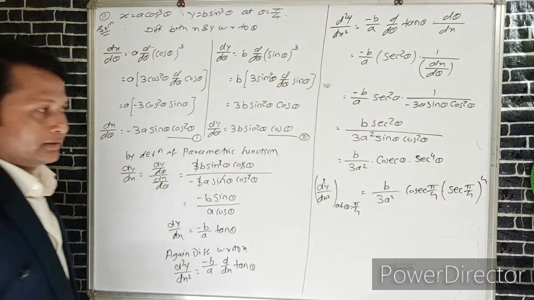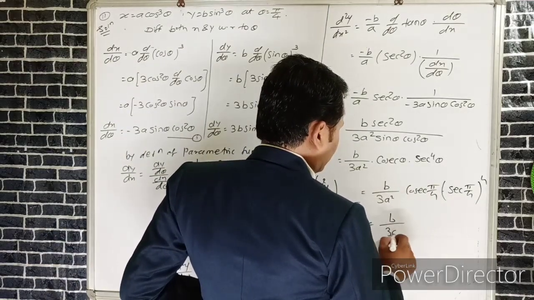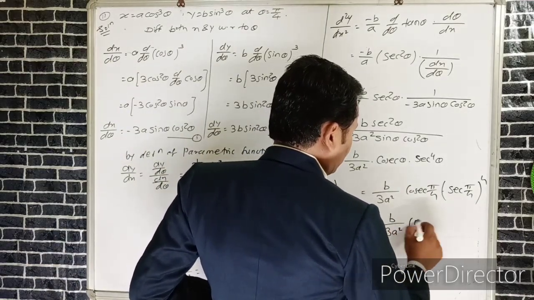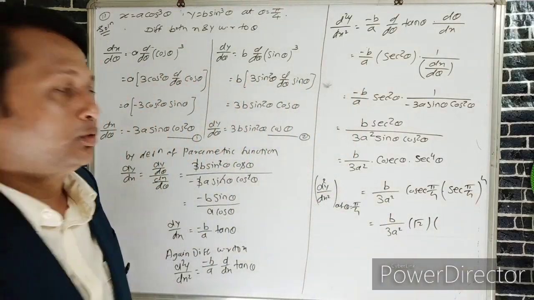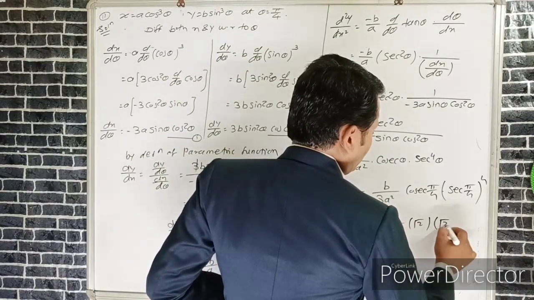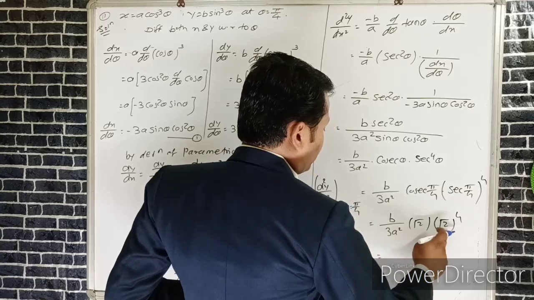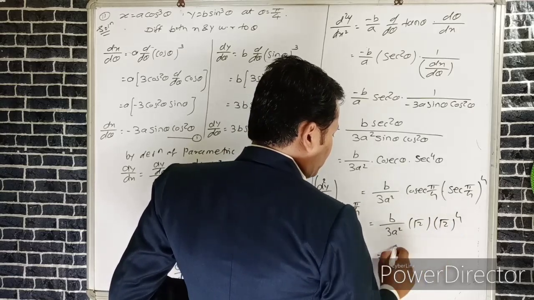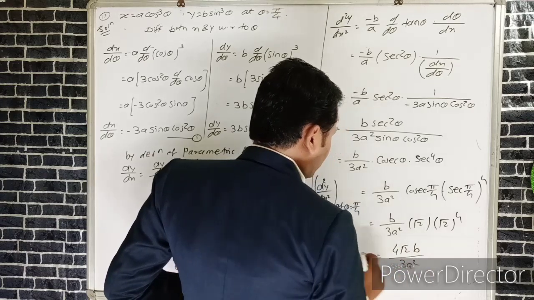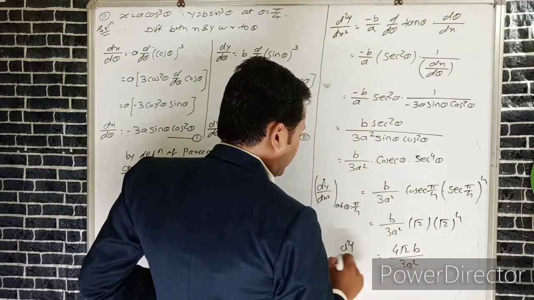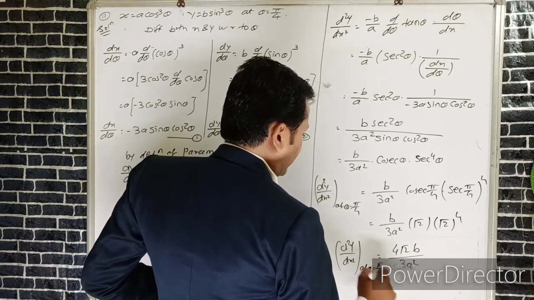We know that the value of cosec pi by 4 is root 2, and again sec of pi by 4 is root 2, so we can write b upon 3a square into root 2 whole raised to the power 4. The value of root 2 raised to the power 4 is 4, so it is 4b upon 3a square, which is the required derivative d2y upon dx square at theta equals pi by 4.